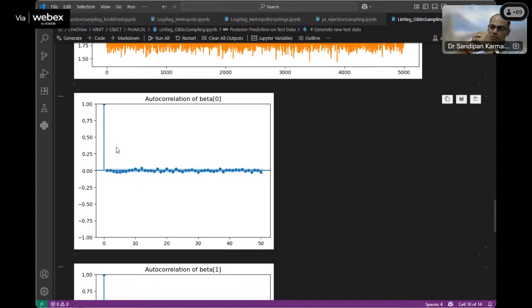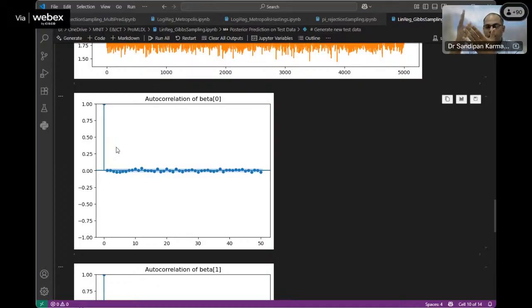Lag 0 is not used, it is actually of no use. Lag 0 means the observation with itself, which will have the highest correlation. Lag 1 is the zeroth observation and the first observation, what is the correlation in that way.